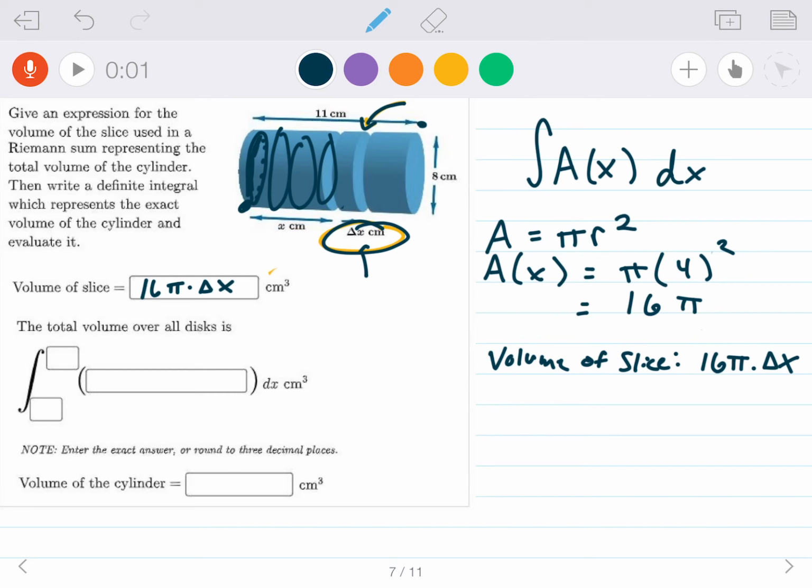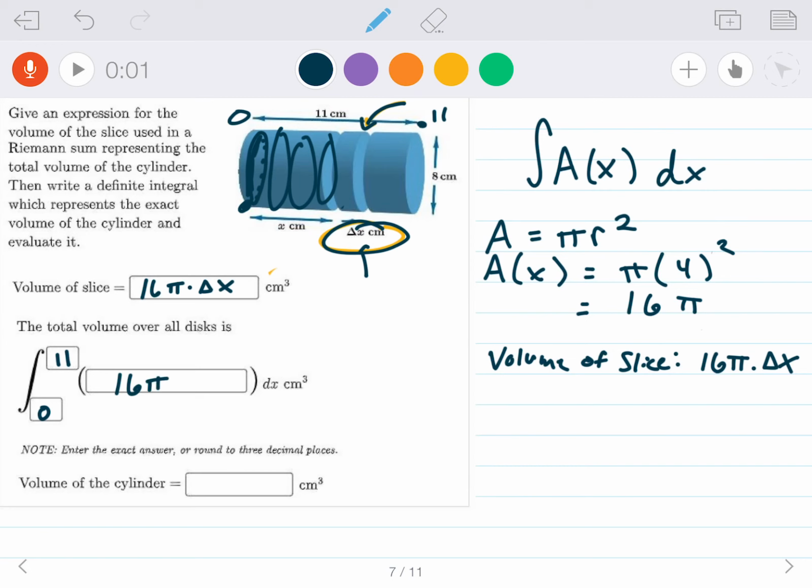So we start at x equals 0 all the way up to x equals 11. We're adding up the volume of each slice.